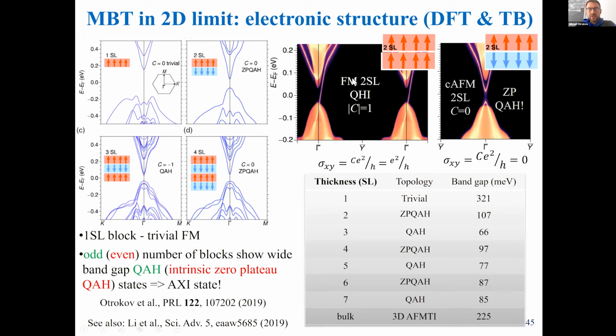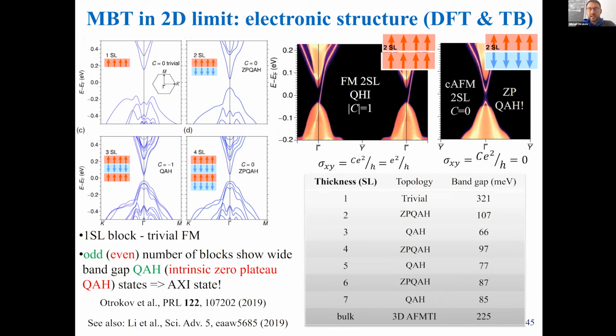To understand what it is, you first need, for example, to achieve or model the ferromagnetic polarization of the system like this, and then you will calculate the Chern number and you will have the Chern equal to 1, and here is the single chiral mode at the edge of the sample. Actually, this result means that in its magnetic ground state, which is collinear, of course, compensated antiferromagnet with Chern equal to 0, it is nothing else but zero plateau quantum anomalous Hall effect.